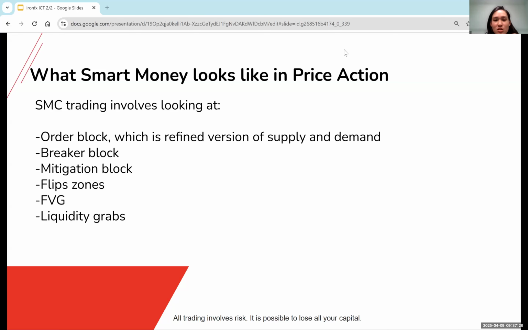Because obviously, as an institution, you have larger orders than your average commercial trader. So that's basically what a liquidity grab is. It's a deliberate move by smart money, which is your large institutions. It can also be referred to as a stop hunt or a liquidity sweep when we look at ICT concepts.